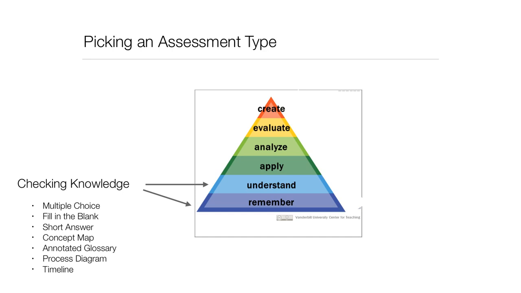You could have them do a concept map. You could have them write an annotated glossary. Make a diagram that explains the process, or put a series of relevant dates on a timeline. There are lots of different ways that they can demonstrate their understanding or how well they remember a concept. These are just a few examples.